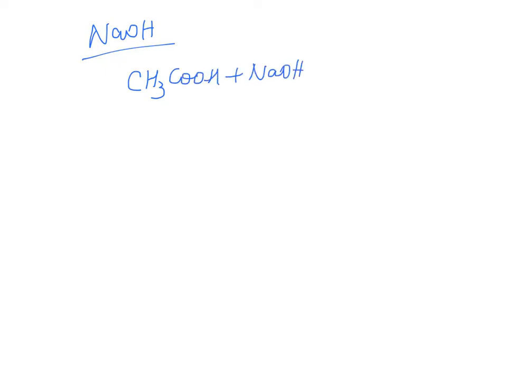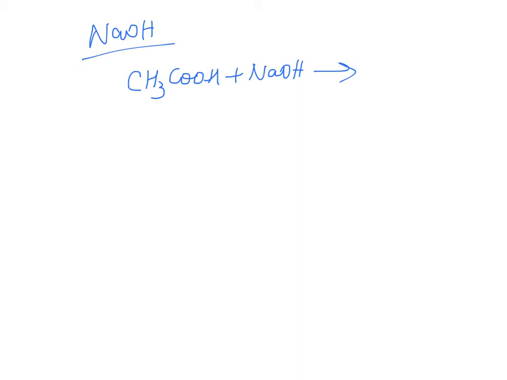Now, suppose you add a strong base such as sodium hydroxide. That's a strong base which undergoes complete ionization. And I put it in acetic acid, CH3COOH. I put the two together.